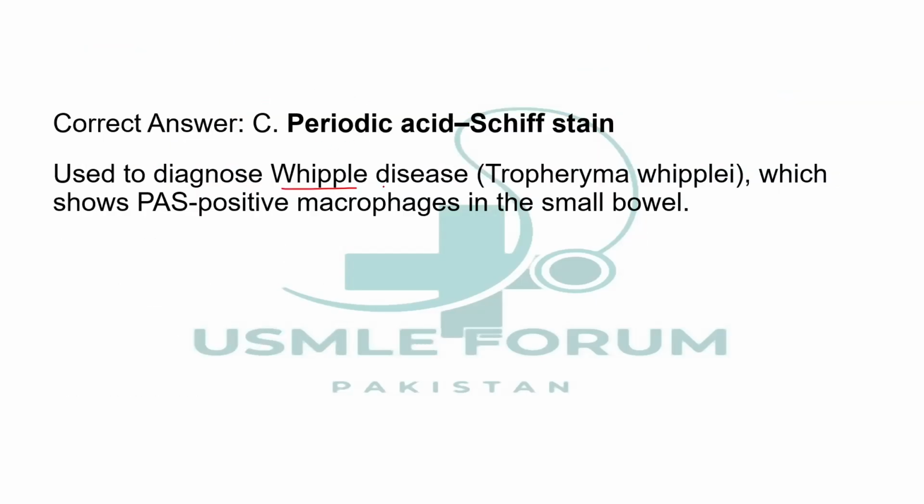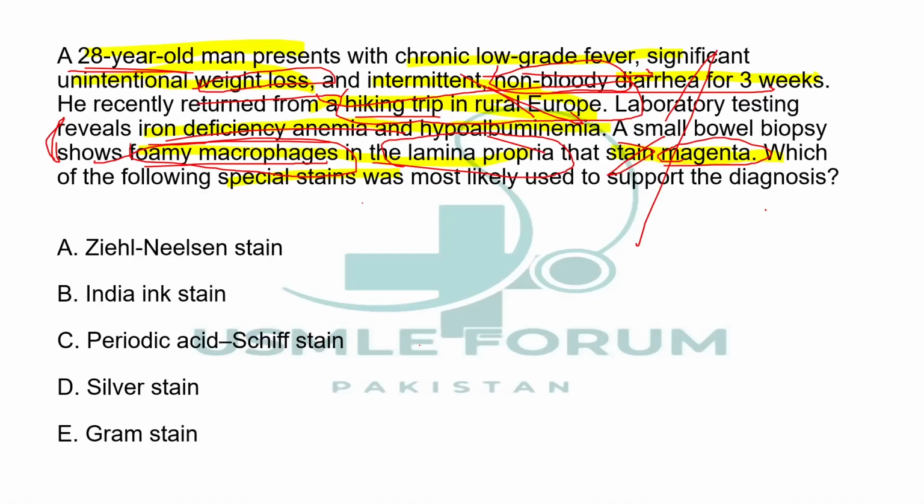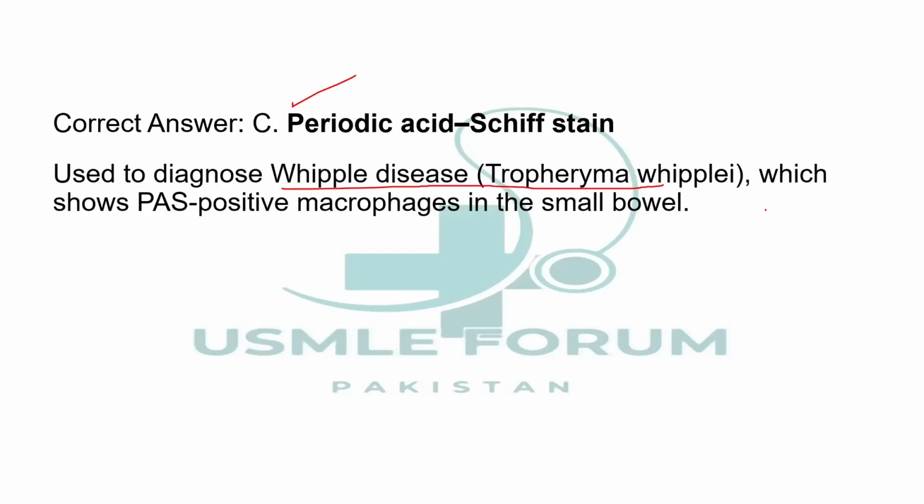Whipple disease uses periodic acid Schiff stain, and it's basically known as PAS positive macrophages in the small bowel. PAS positive is periodic acid Schiff stain positive macrophages. So the foamy macrophages that they described here are basically visualized by this stain. And these macrophages are specifically found in Whipple disease, in Tropheryma whipplei.